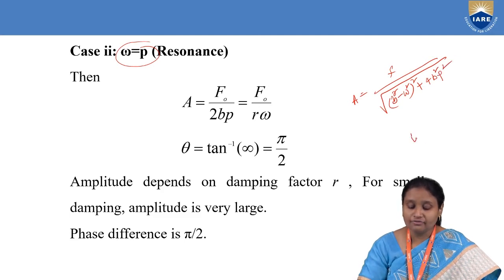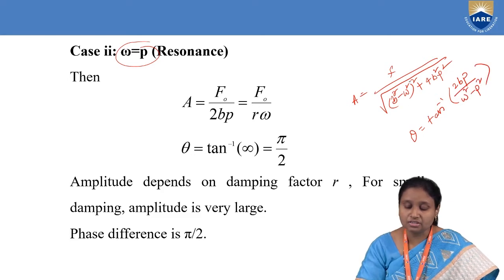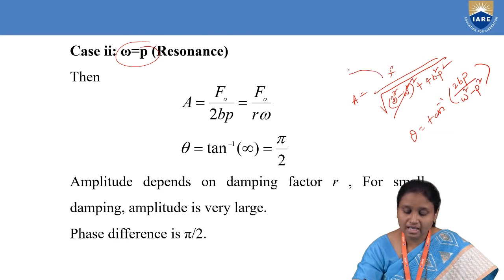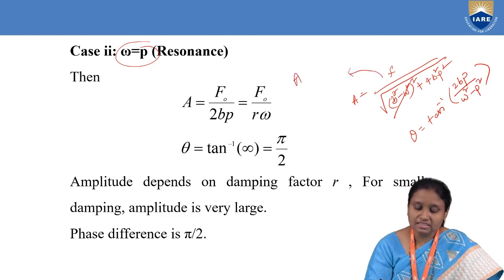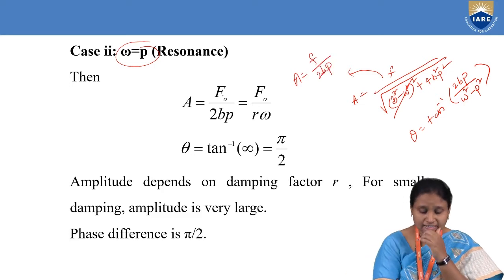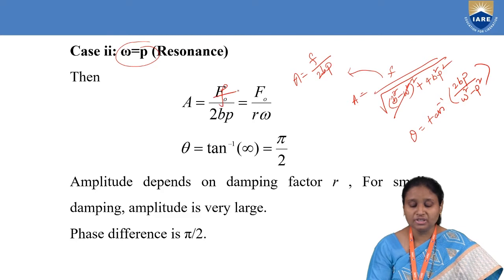And then our phase difference is given as tan inverse of 2bp by (omega square minus p square). Now my omega and p are equal, so omega square minus p square will be 0 and get cancelled. So you will have the amplitude A equal to F by 2bp. Actually this is small f by 2bp.